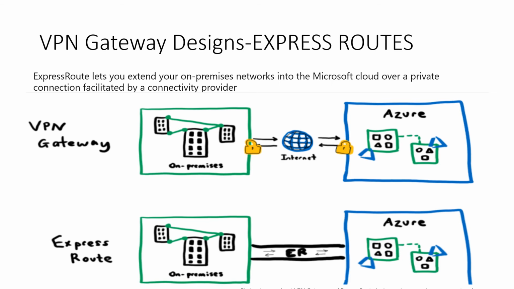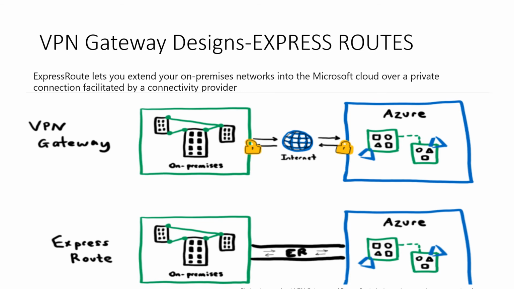With ExpressRoute, you can establish a connection to Microsoft Cloud services such as Microsoft Azure, Office 365, and CRM Online over a private connection, for which traffic traverses the Microsoft backbone network. It does not traverse the public internet like in VPN gateway.